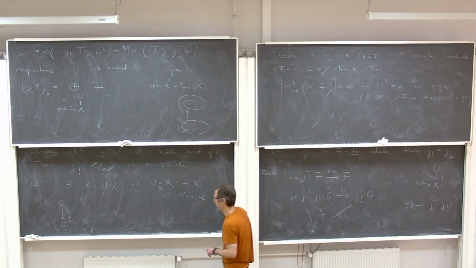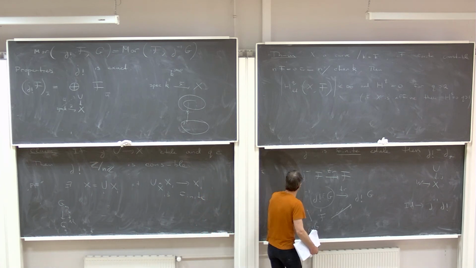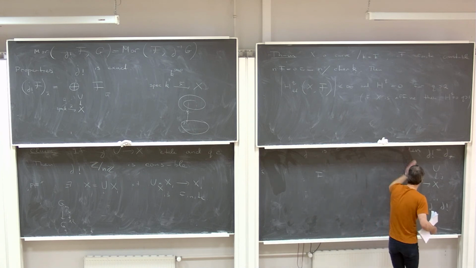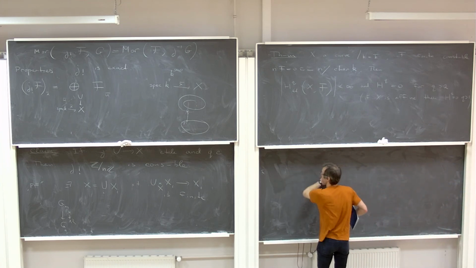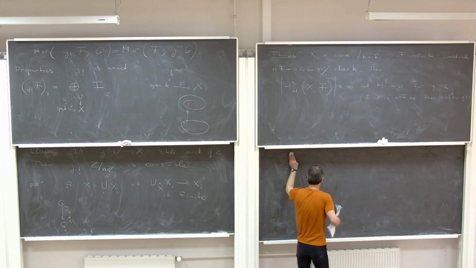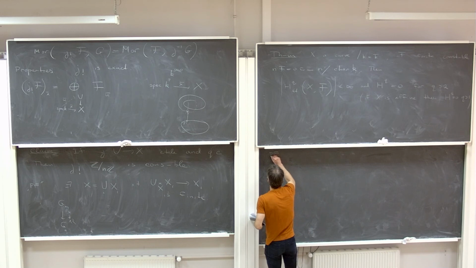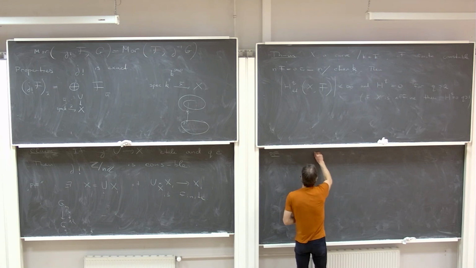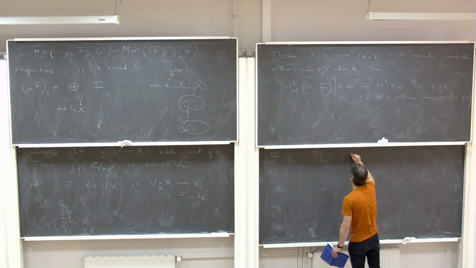I don't have much time left, so let me explain a key step. Proof. First you do some kind of dévissage. You can take F and find open subsets such that it is a local system.